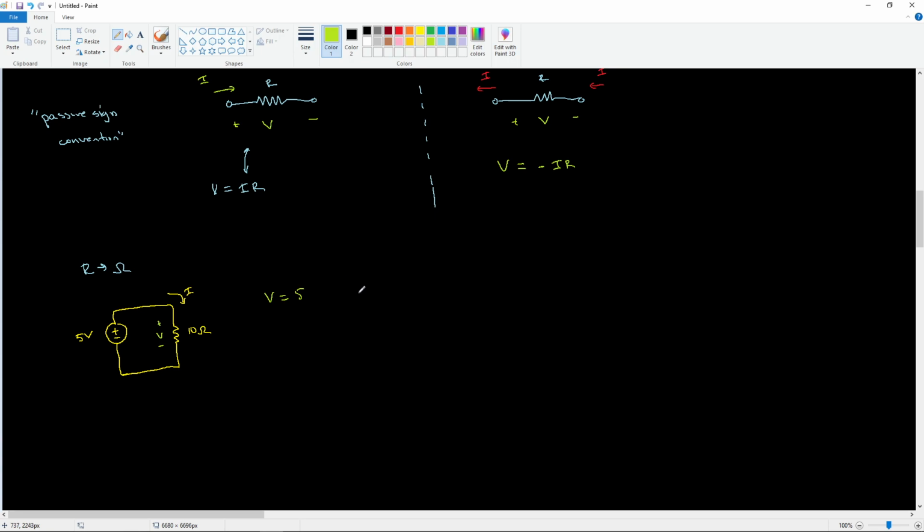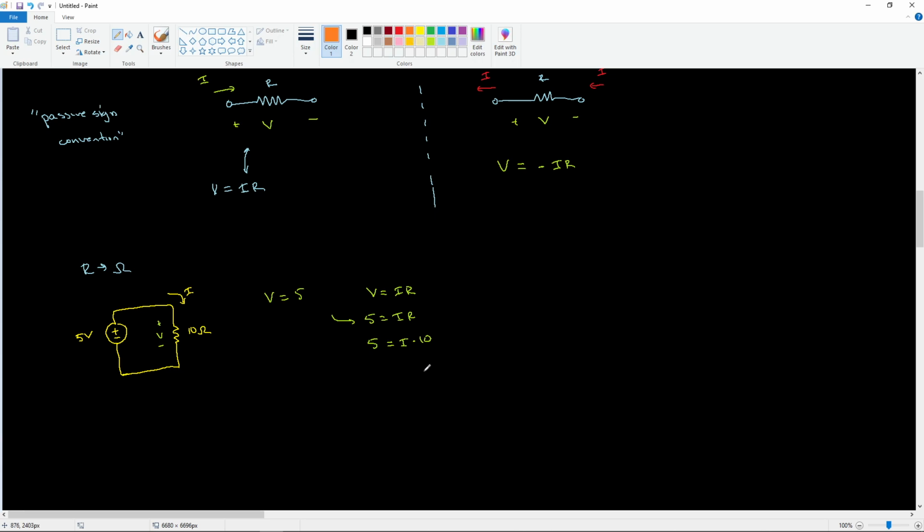And from Ohm's law then, this voltage V is also equal to I times R. So then I can set 5 equal to I times R, and the resistance value is 10. So 5 is equal to I times 10. And then all I have to do to solve for my current now is divide by 10 on both sides.